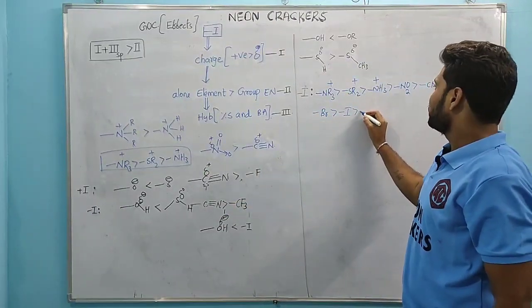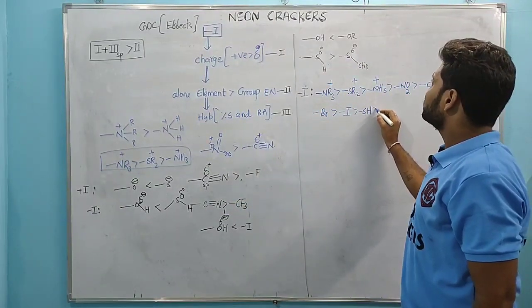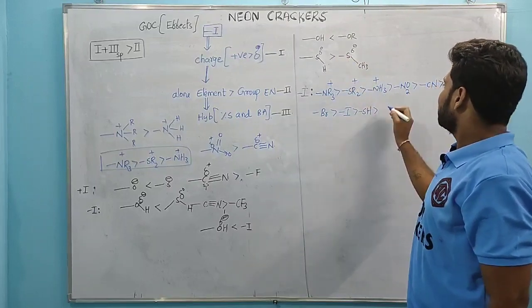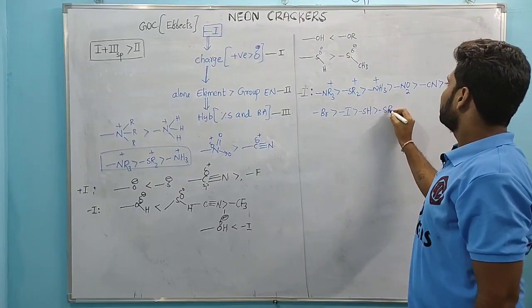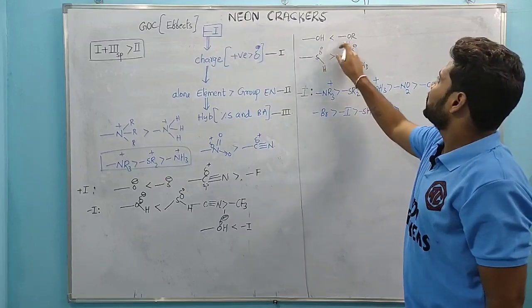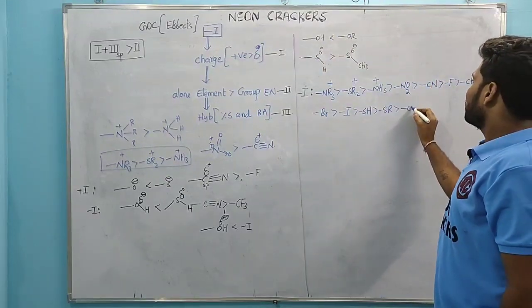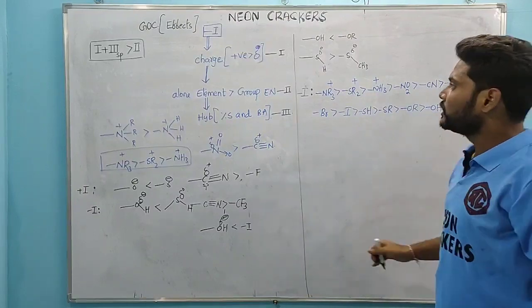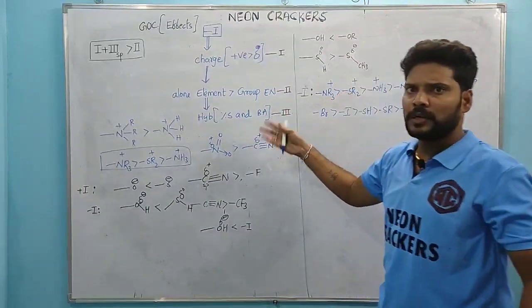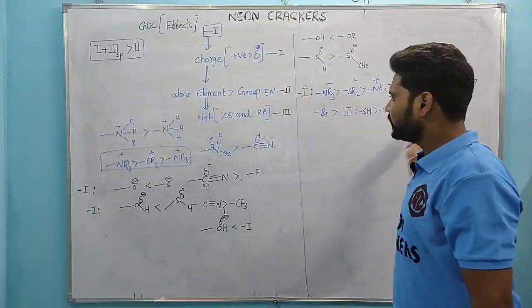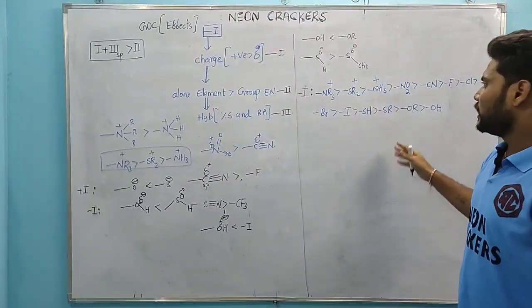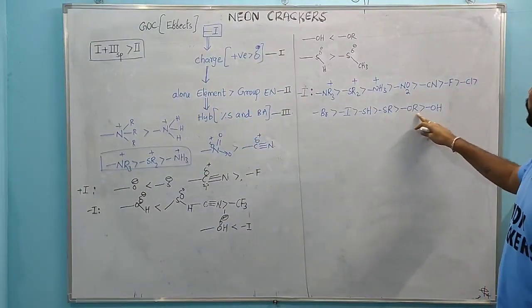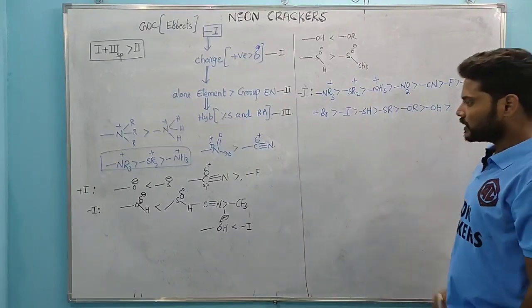SH is greater than SR. Now in between these two, OR is greater than OH. So this is about group electronegativity. Maybe many are there, but the important repeating functional groups are these. Okay, now here SR, OR, OH.